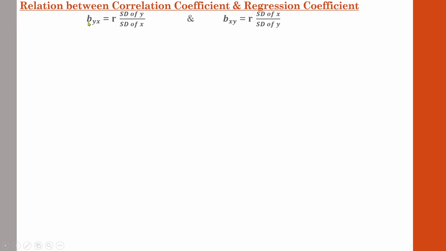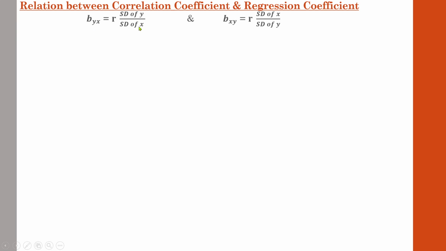Remember, in the case of byx, y is the first one followed by x, so it will be r into standard deviation of y, the first one, divided by standard deviation of x, the second one. So byx means y on x, where y is unknown and x is known. That is the concept. So whenever you come across a question where correlation coefficient or standard deviation is given and you are asked to find the regression coefficient, this equation has to be used.